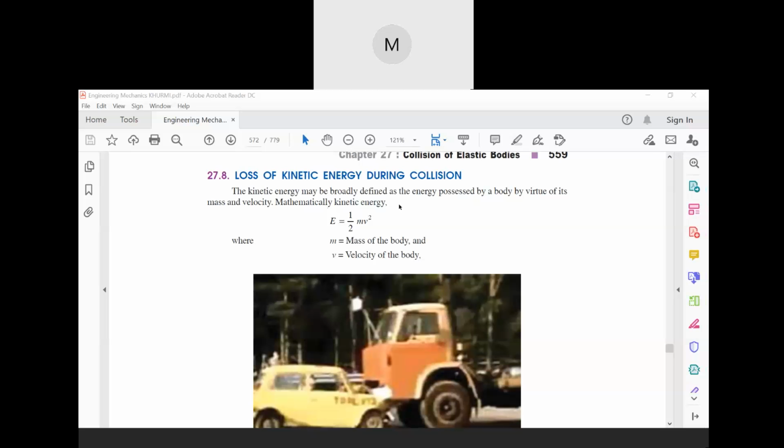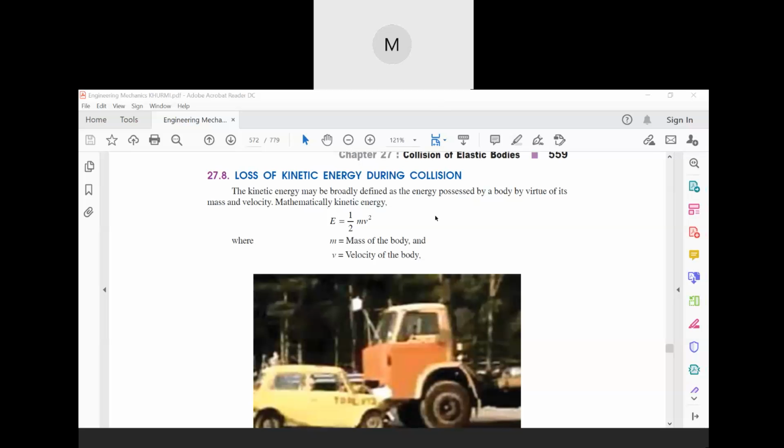The kinetic energy may be defined as the energy possessed by the body by virtue of its mass and velocity. Mathematically, kinetic energy is equal to half mv square.